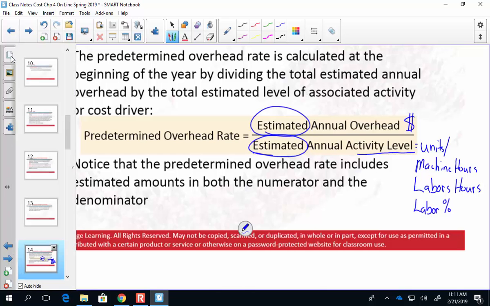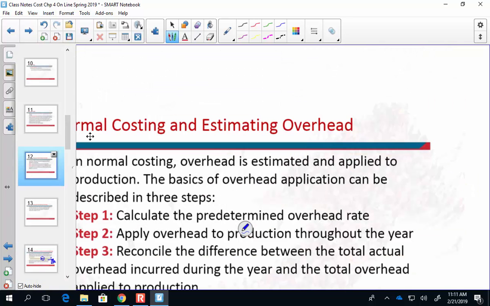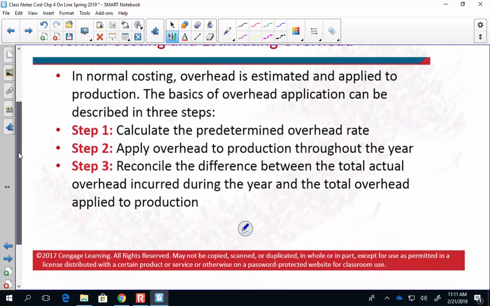Now the application here is step 2. So what we do is step 1 is come up with this rate at the beginning of the year, before the year even starts. It's a lot of effort to come up with this rate. Because again, we're dealing with so many different accounts throughout the operation, all those indirect costs that are associated with overhead.